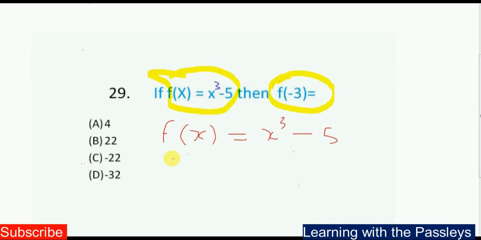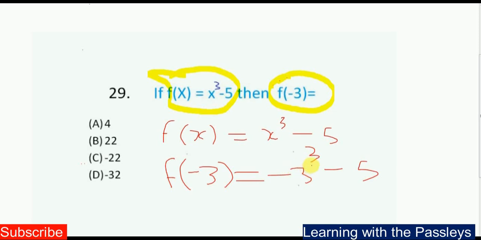Since they are saying that x is negative 3, anywhere you see x you should put negative 3. So in this bracket I'm going to write negative 3, equals, what is x here? Negative 3 cubed minus 5. You see that?